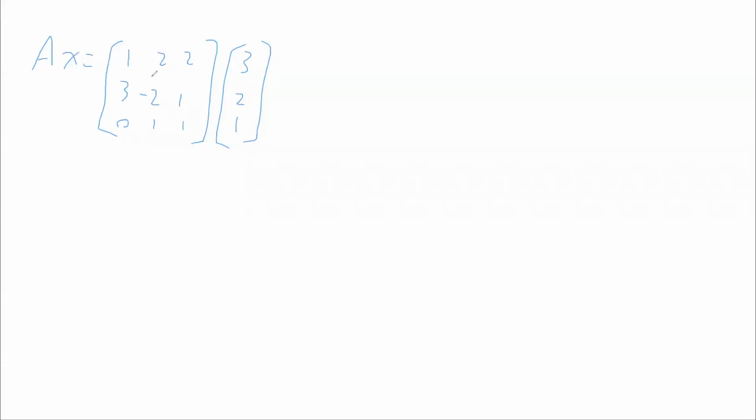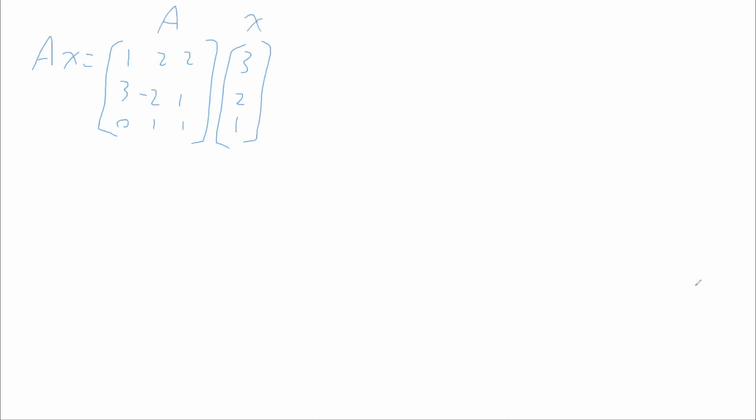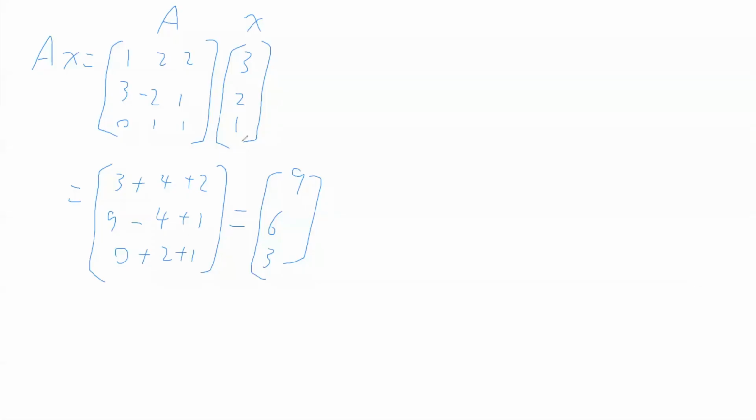So we have our matrix A and our eigenvector x. Let's see if we multiply this, do we get the same thing as 3x, which is (9, 6, 3) from the previous page? Let's take a look. If you do the matrix multiplication, there was a video on how to multiply matrices and vectors.